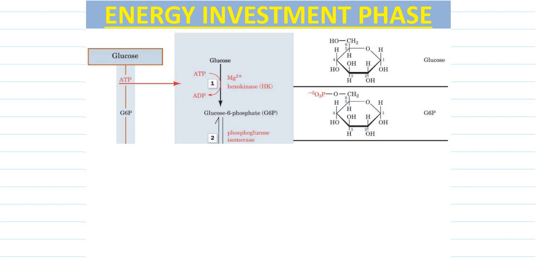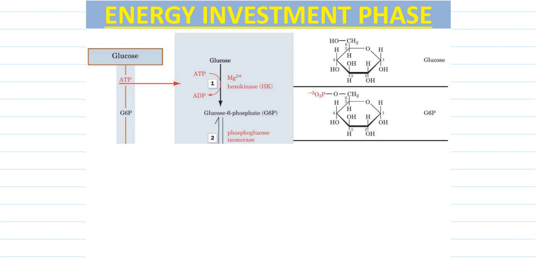To prevent the glucose from passing out of the cell, to prevent glucose from exiting the cell, glucose is phosphorylated. Now it is negatively charged, which makes it impermeable to pass through the cell membrane, which acts as a hydrophobic barrier. That's why the glucose has been phosphorylated.